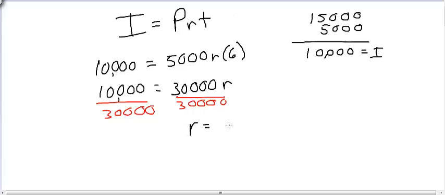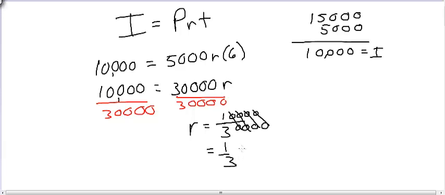So my r is equal to 10,000 over 30,000, and if I reduce, canceling my zeros, I'm left with 1/3.